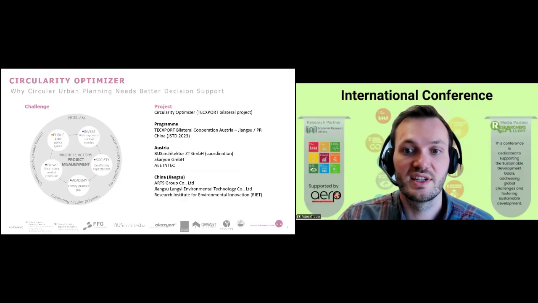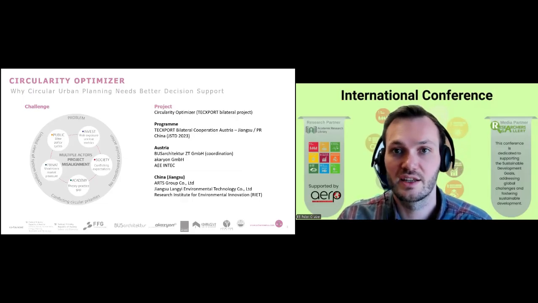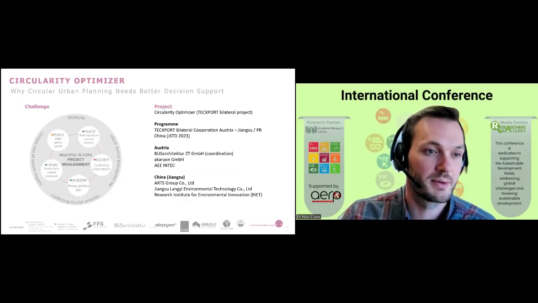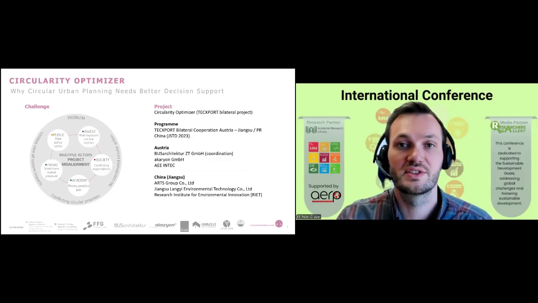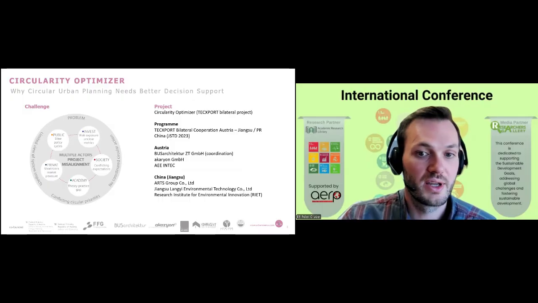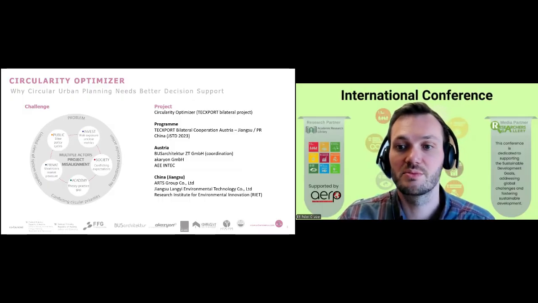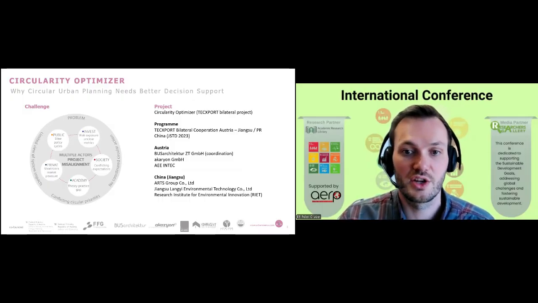Circular solutions in cities often depend on connecting industrial and urban systems, for example, through energy, water, or resource flows. However, implementing such industrial-urban symbiosis concepts is challenging.